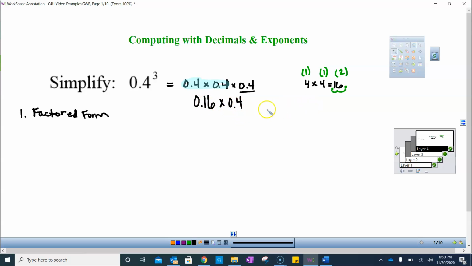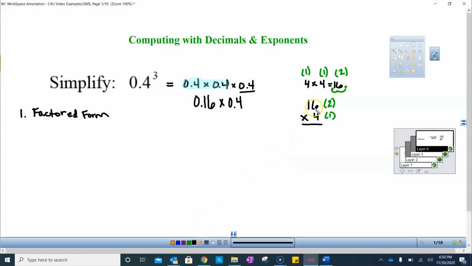And remember, in our multiplying lesson, you learned that to multiply 0.16 times 0.4, you would start off by just rewriting the problem as two whole numbers, 16 times 4. And then off to the side, you would say there were 2 digits to the right of the decimal here. There's 1 digit to the right of the decimal there.